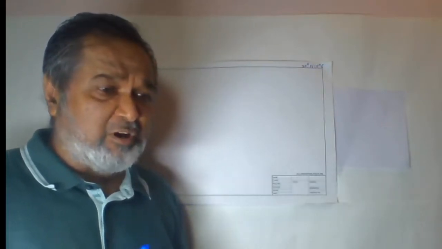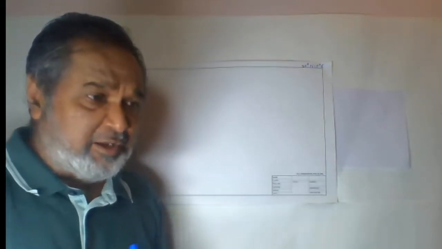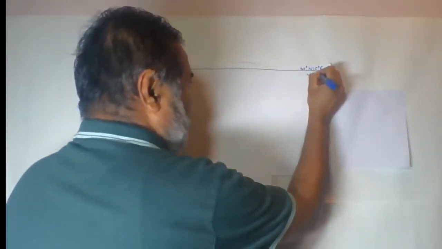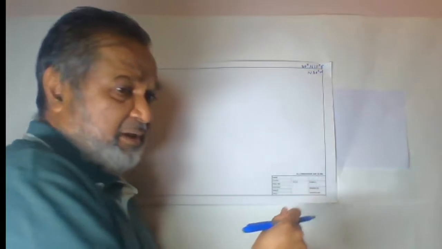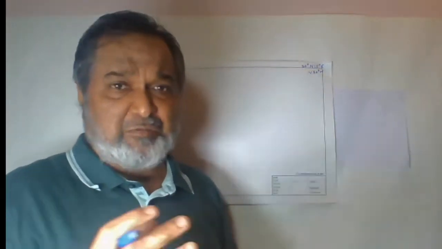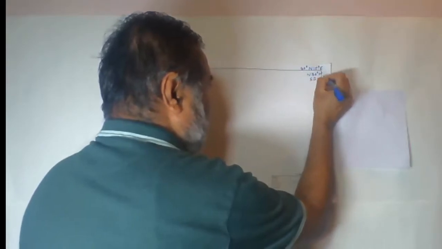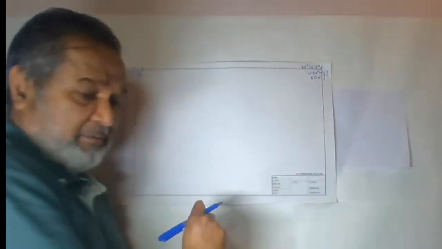Find the amount of apparent dip along north 30 degrees west. So you have to find the apparent dip amount along this particular direction, and you have to find the strike direction. These two things you have to find from this problem.